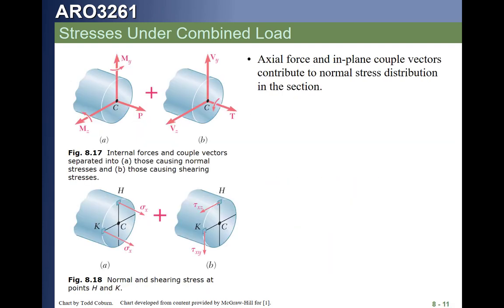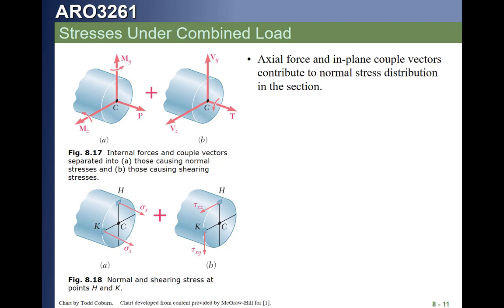Here's looking at it closer at those two points. We see once we've resolved that into elements, what we're showing here on the left in 8.17A is all the forces and moments that cause normal stress or potentially cause normal stress, and all the forces and moments that cause shear stress.